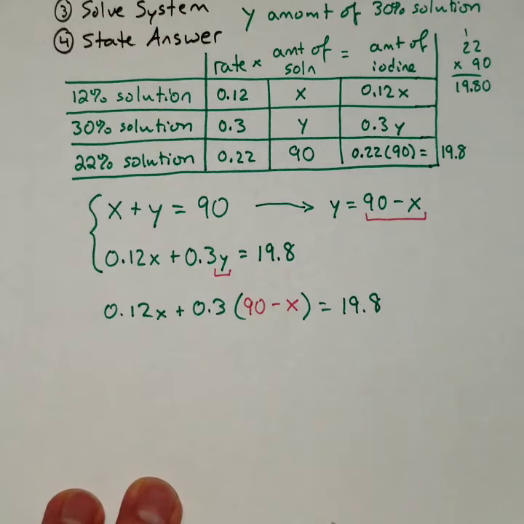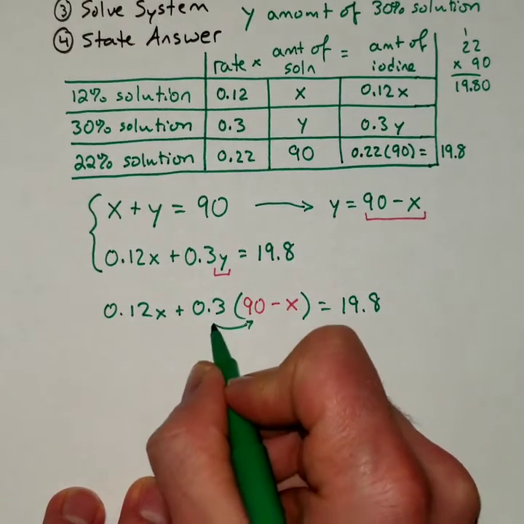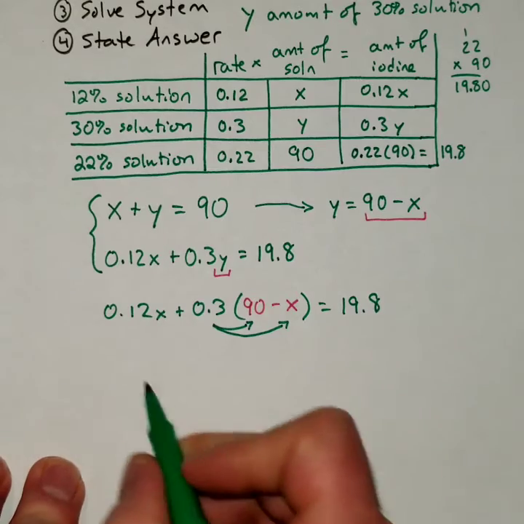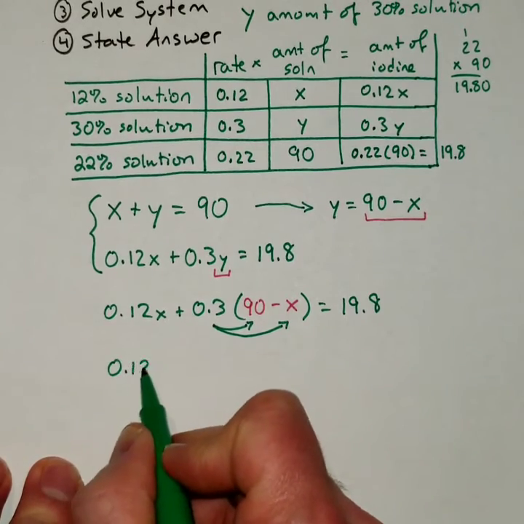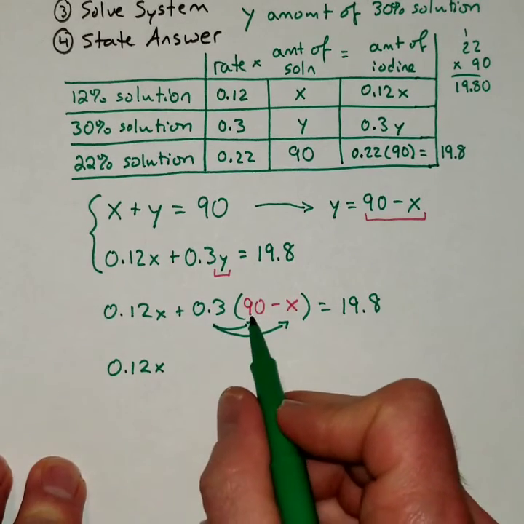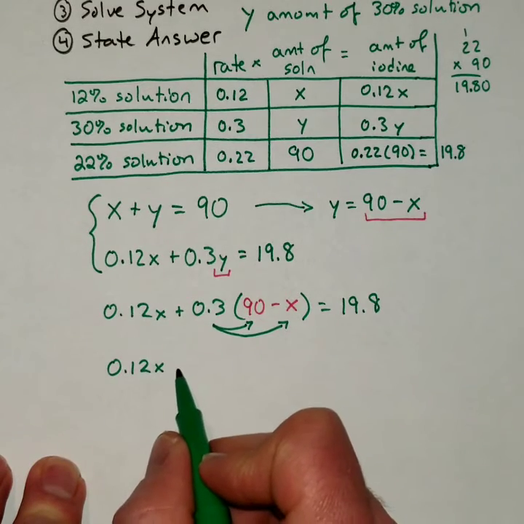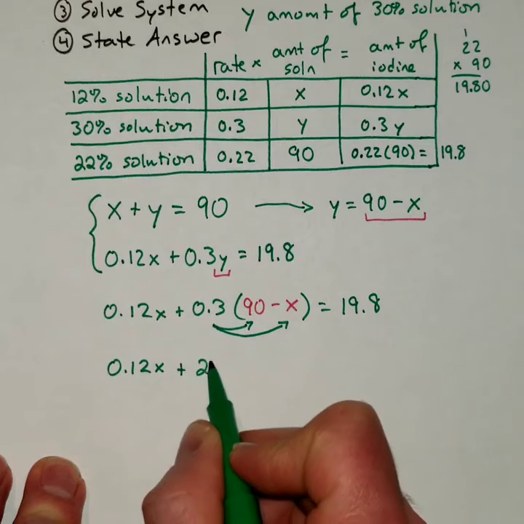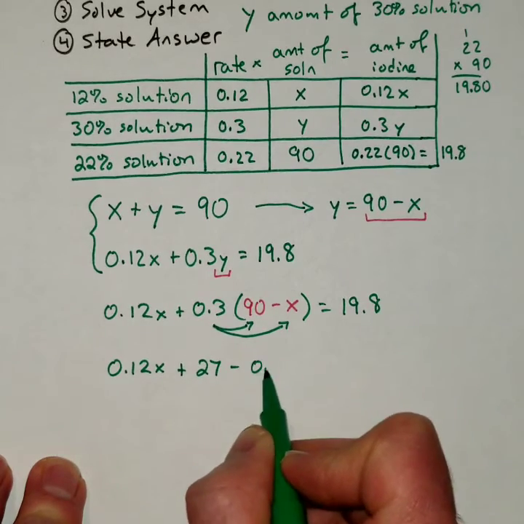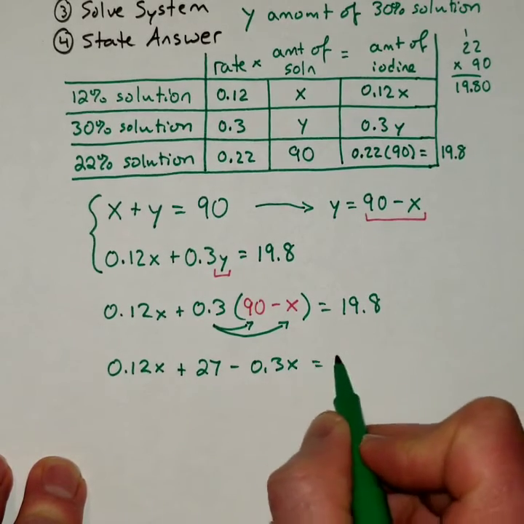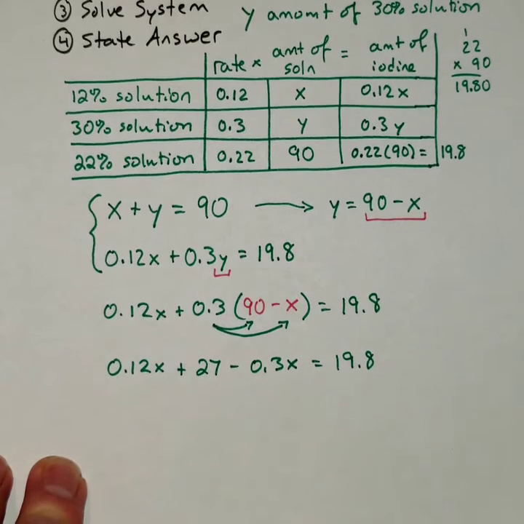I'm going to run through this kind of quickly, distributing, because we've seen a lot of this stuff already. Distribute the 0.3. 0.3 times 90, 30% of 90, is 27. So it'd be 27 minus 0.3x equals 19.8.